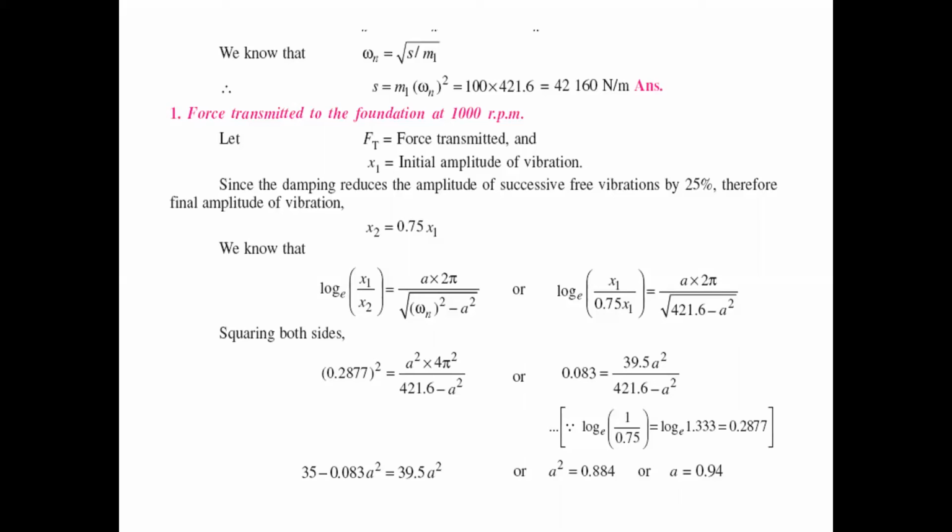Between one amplitude and the next, the successive amplitudes are reduced by 25 percent. That is represented here as x2 equals 0.75 x1. Now we take the formula, log of x1 by x2 equals a into 2 pi by square root of omega n square minus a square.